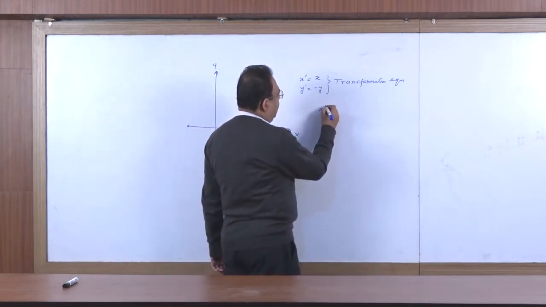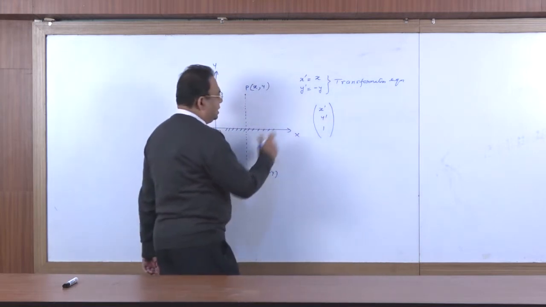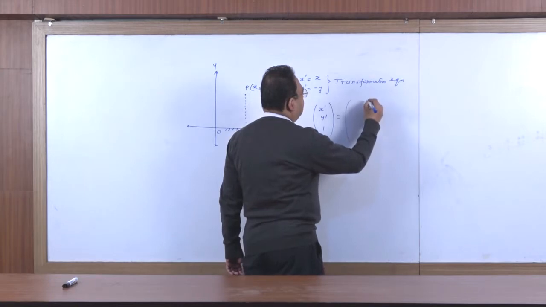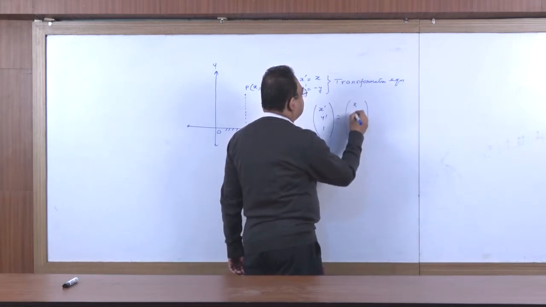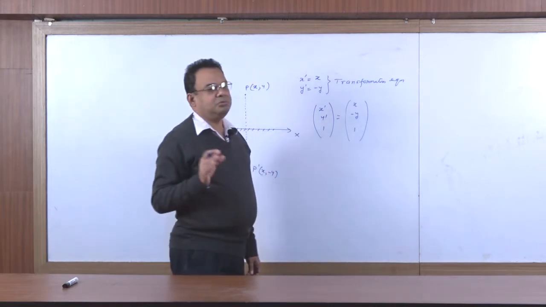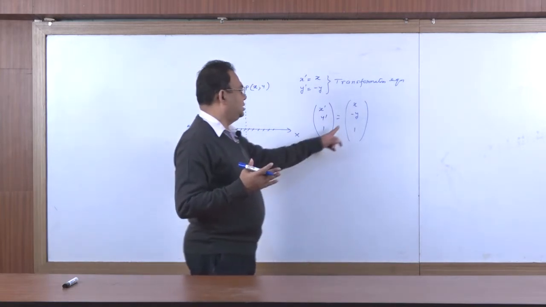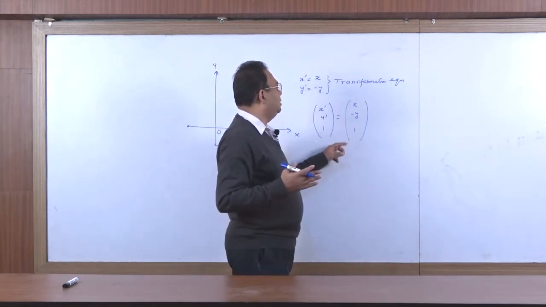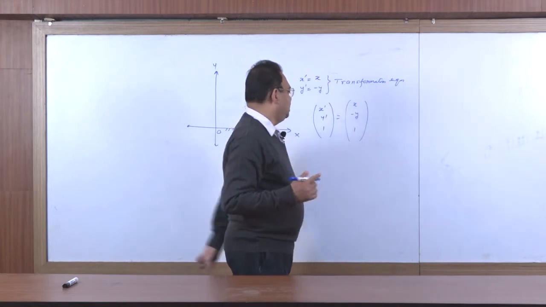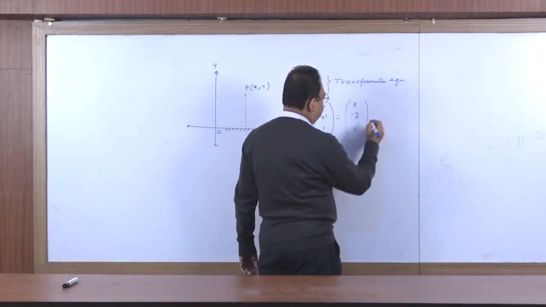So, x dash y dash 1, that is P dash, is nothing but x minus y 1. Now, we have to introduce the operator for this operation, so that if this operator is operated on the original point x y, then these will be obtained. So, what will be that operator?